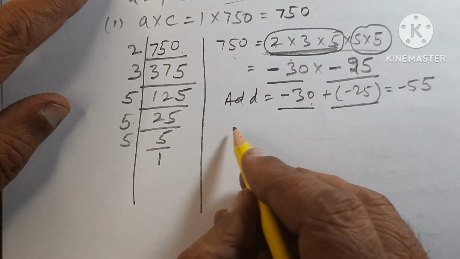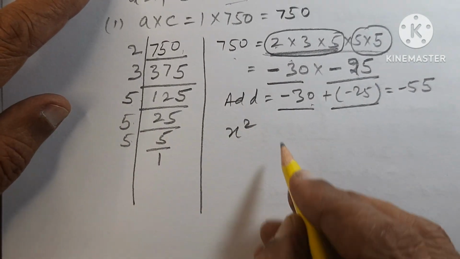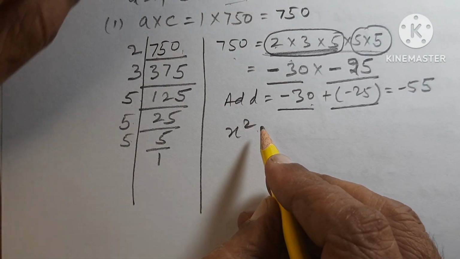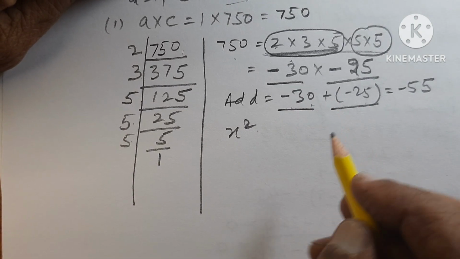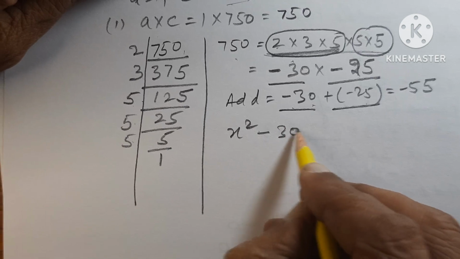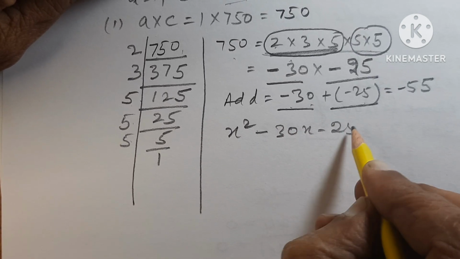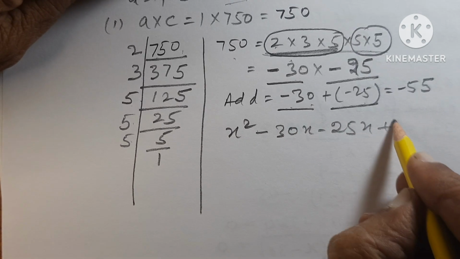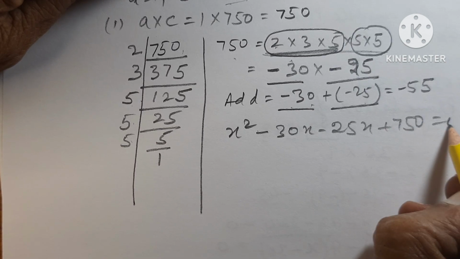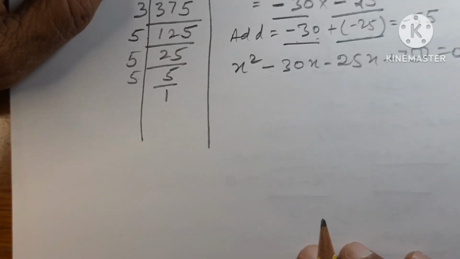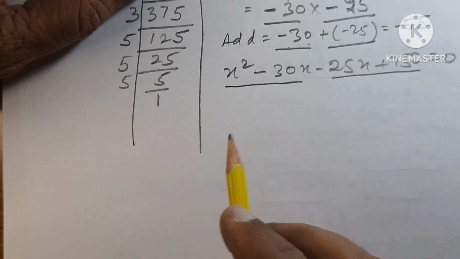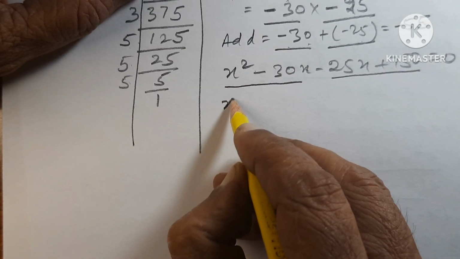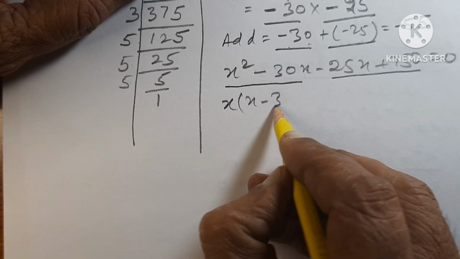Now my equation becomes x square minus 55x, I will write as minus 30x minus 25x plus 750 is equal to 0. Now the things become simple. I will take out common from here. Here common is x, x minus 30.